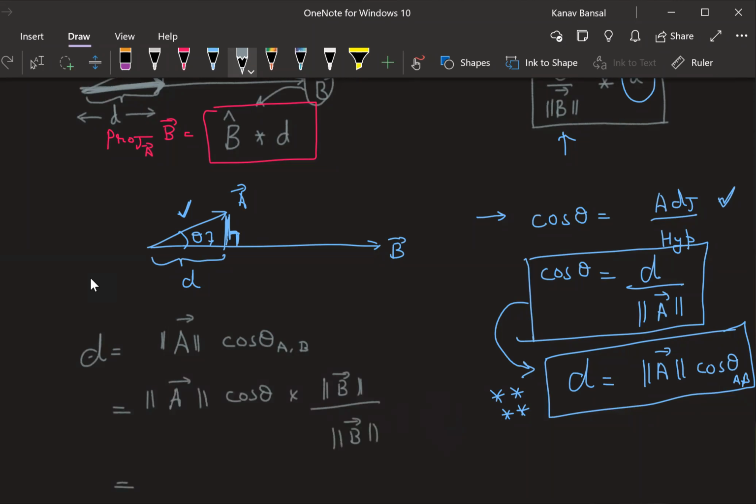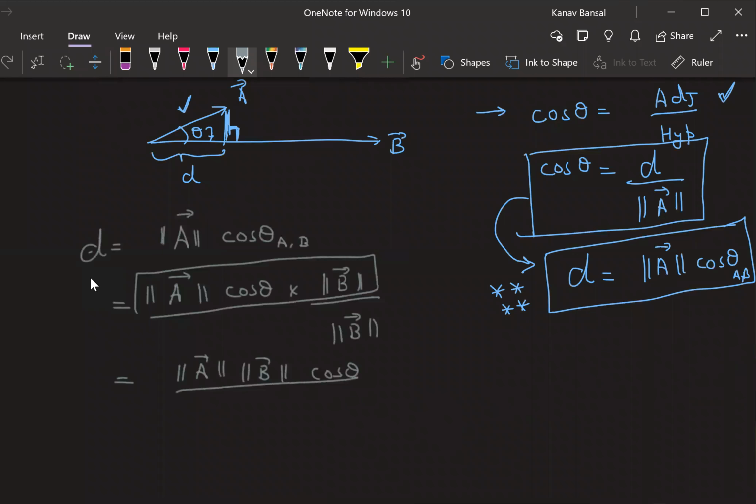So what is this entire thing equal to? This part can be rewritten as length of a vector into length of b vector cos theta, and this entire thing is divided by length of b vector. The numerator is nothing but a vector dot product b vector, divided by length of b vector. So this is nothing but your d.